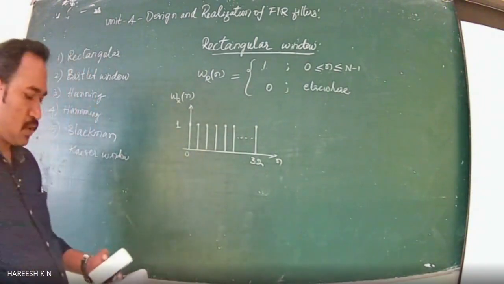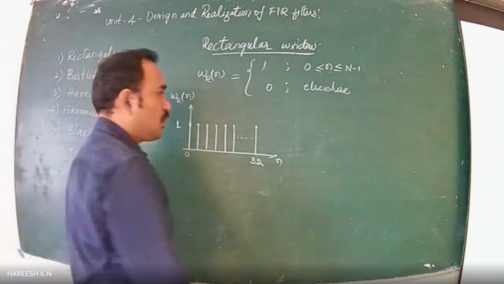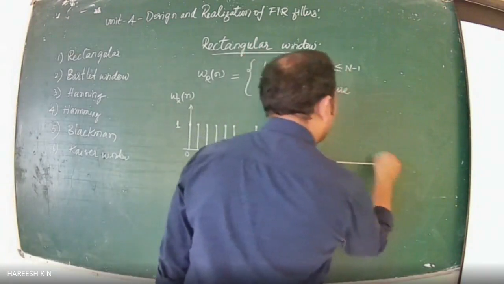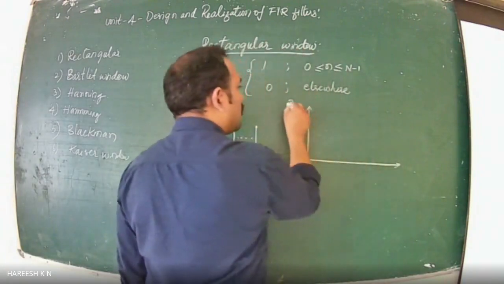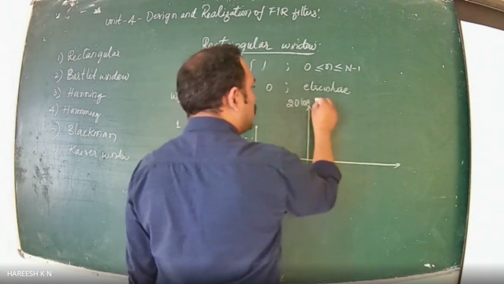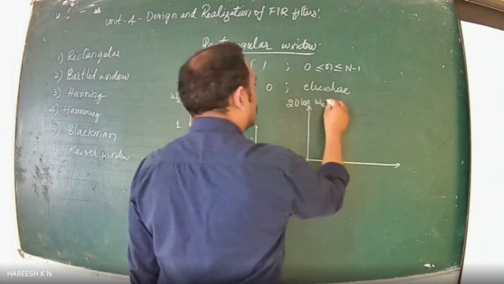This is the pictorial representation of the window, and the magnitude frequency response of this window is denoted in decibels, 20 log of capital W_R of omega.